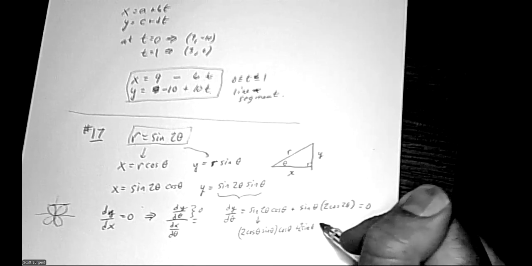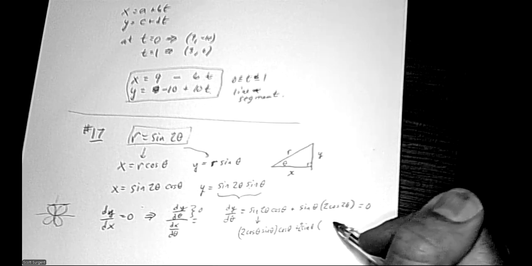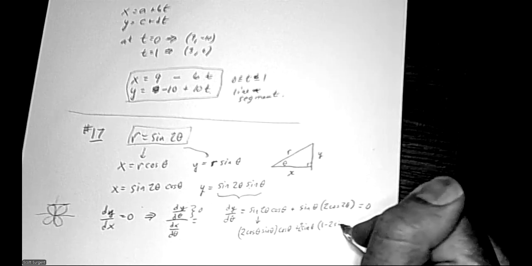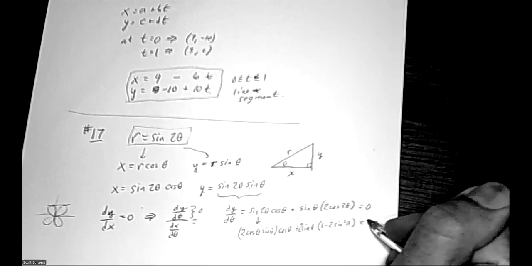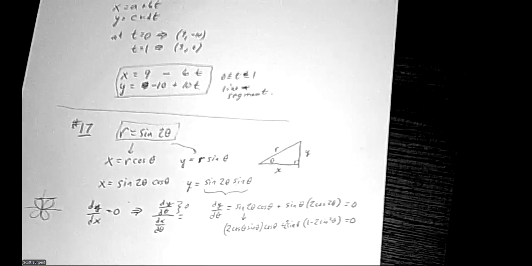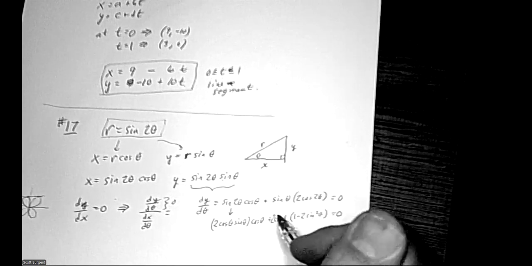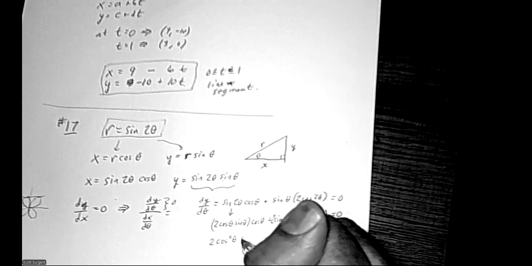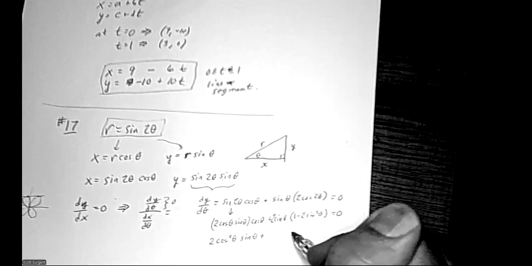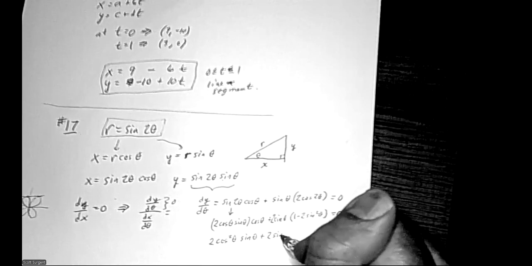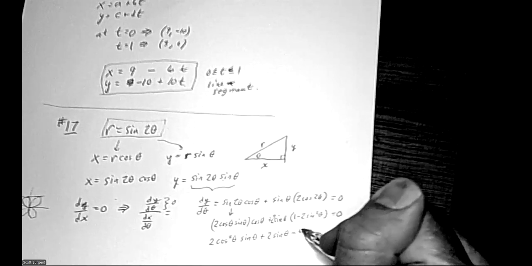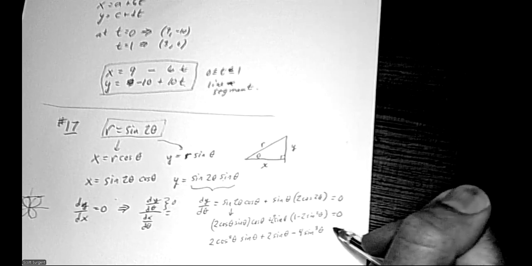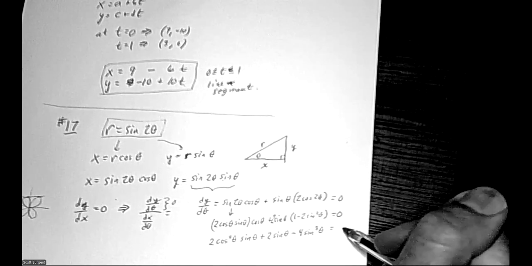And cos 2 theta, there's a couple ways, I'm going to use 1 minus 2 sine squared theta equals 0. It is messy, I don't deny that at all. You have 2 cos squared theta sine theta plus 2 sine theta, take away 4 sine cubed theta. All right, I'm just going to go with it.